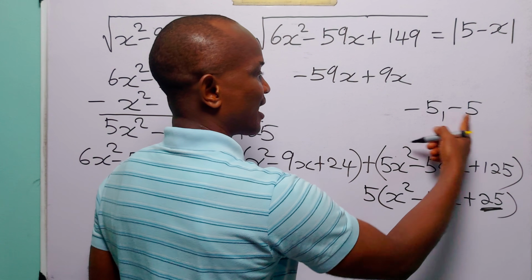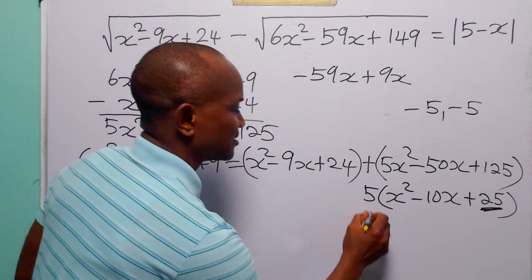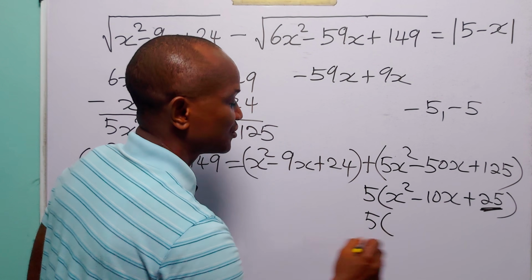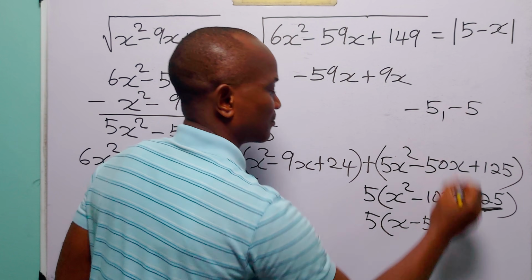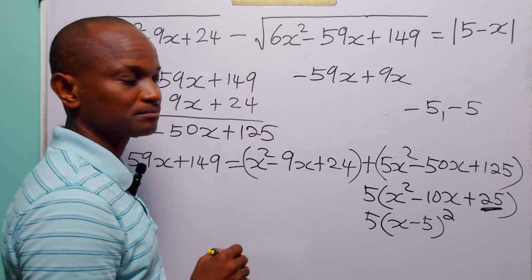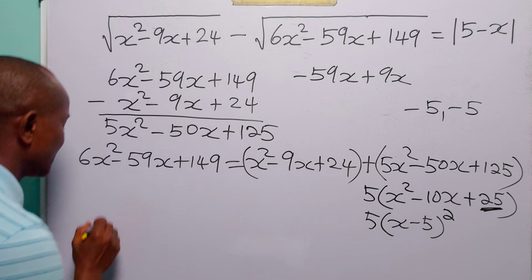And you can see that we have two repeating factors. So when we factorize this, we have 5 into x minus 5 squared.